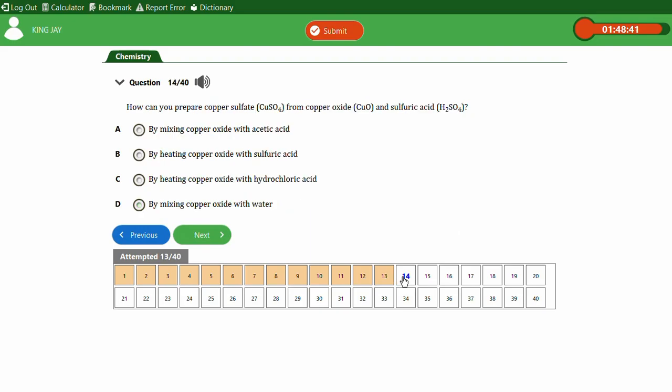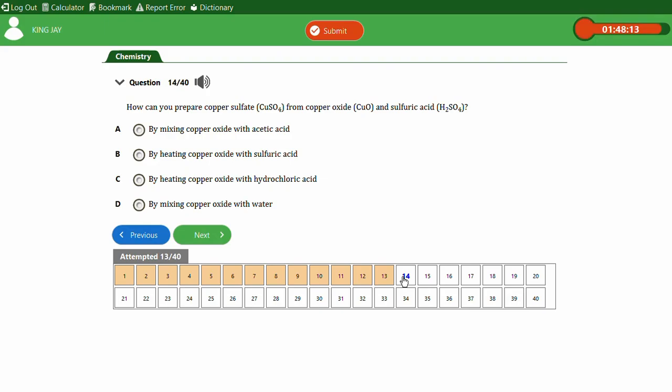14. How can you prepare copper sulfate, CuSO4, from copper oxide, CuO, and sulfuric acid, H2SO4? A, by mixing copper oxide with acetic acid. B, by heating copper oxide with sulfuric acid. C, by heating copper oxide with hydrochloric acid.